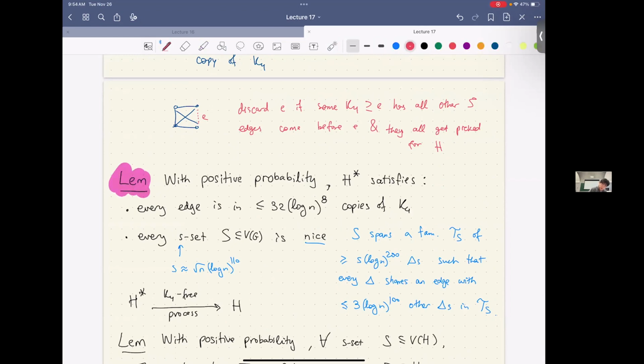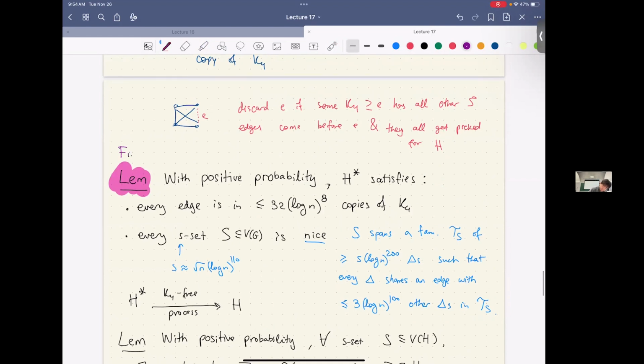Fill in the detail. There's also some exercise for using some concentration inequality.